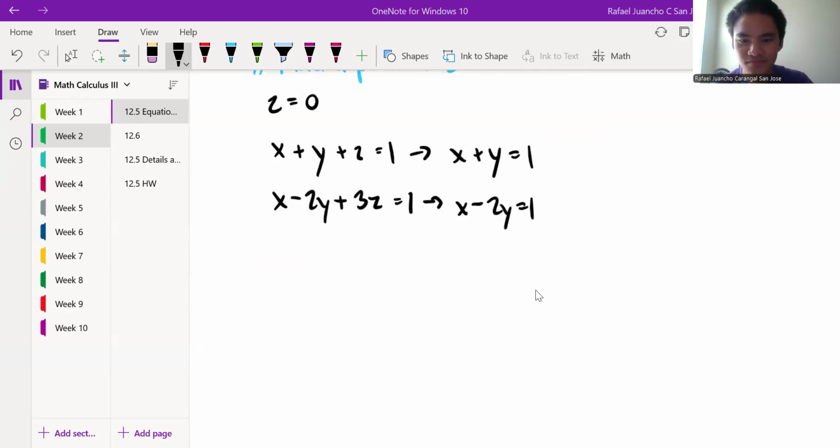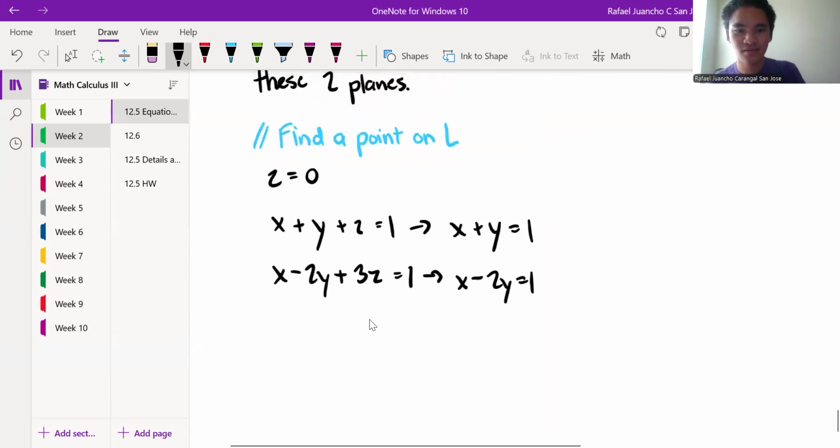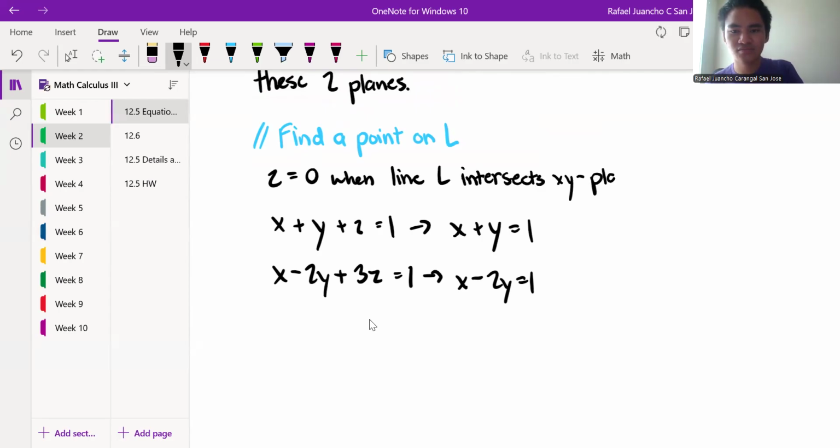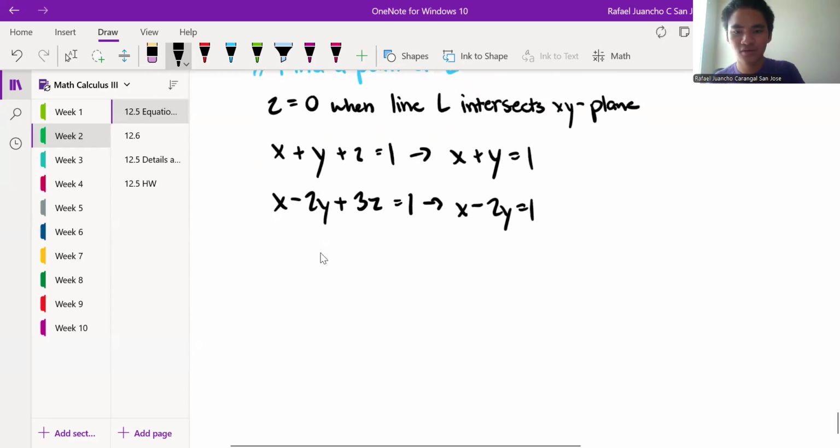Now what do we do? We solve for x and y. Line L intersects the xy plane. Now we're getting somewhere. We solve for x and y, right? So we can say x is 1 minus y. And so this is 1 minus y minus 2y is 1.